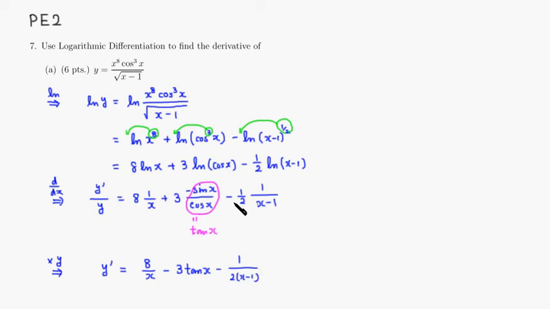Then we are multiplying by y, so instead of writing y, we put in the original function. All this multiplied by y is the same thing as x to the 8th power cosine cubed of x over the square root of x minus 1.